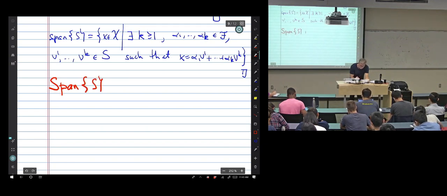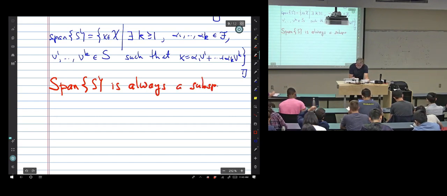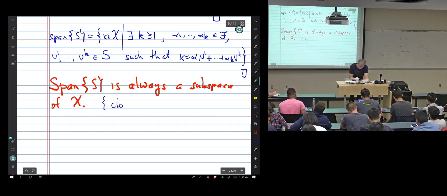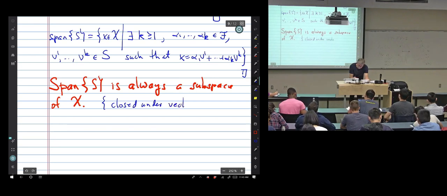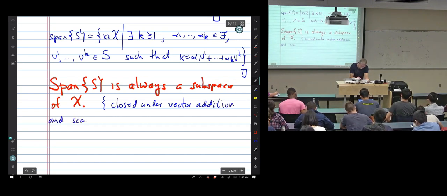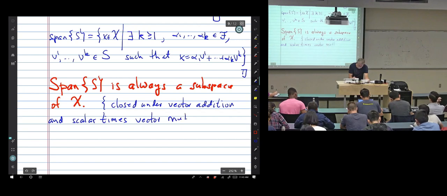Span of S is always a subspace of X. It's closed under vector addition and scalar times vector multiplication.